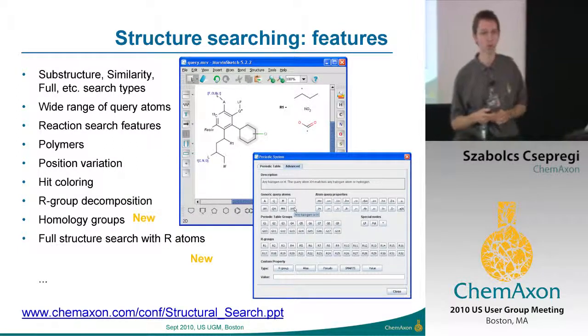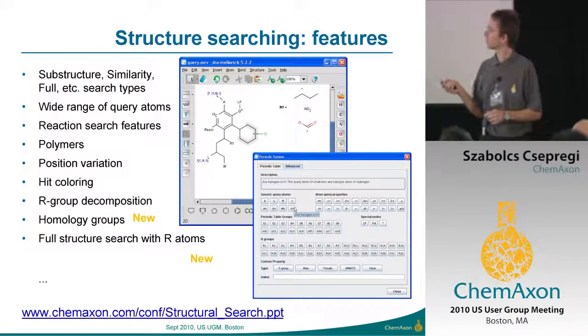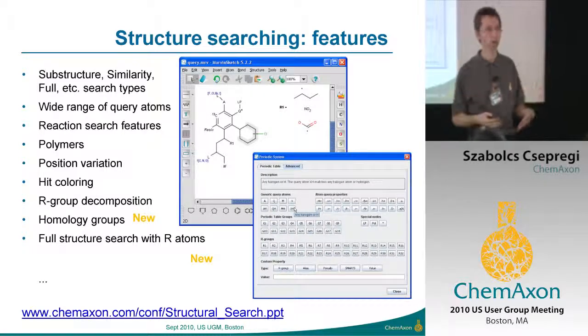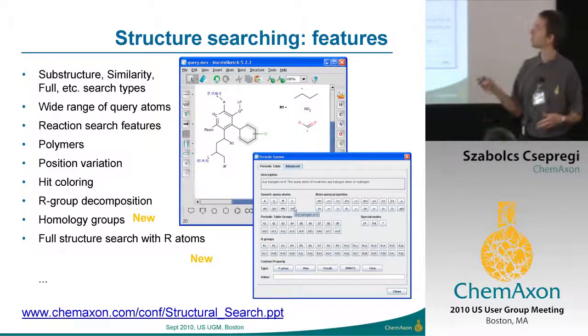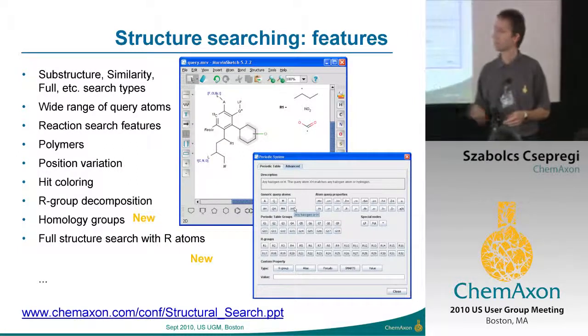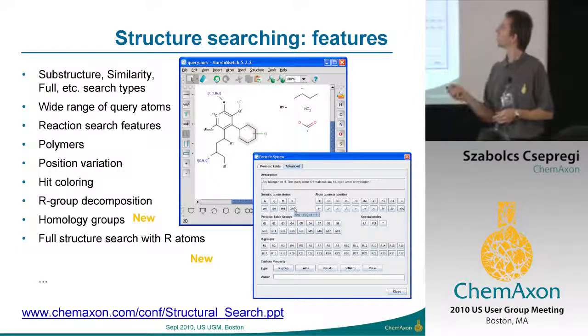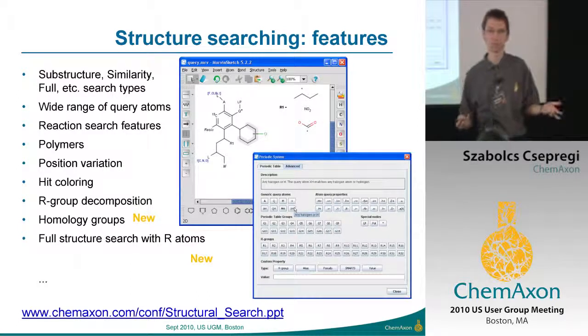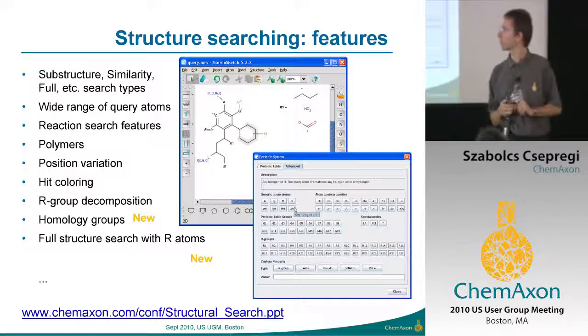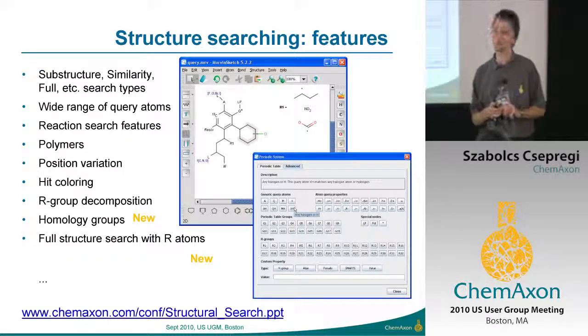Position variation queries, some of the query features are also coming from our Markush technology. The position variation is one of those. And another is the homology groups, which describes chemical classes of substructures. I will have some demos for them later.